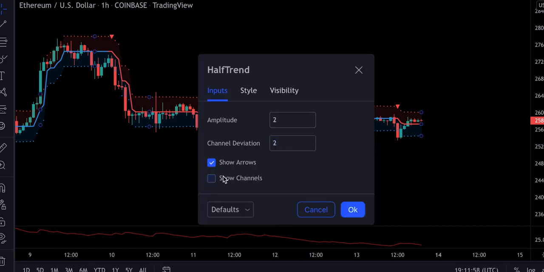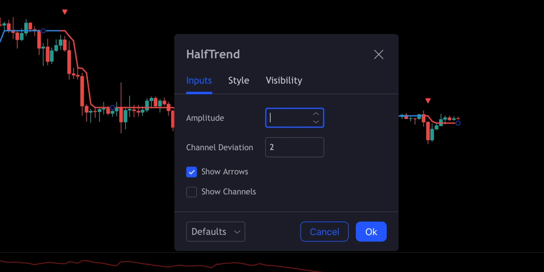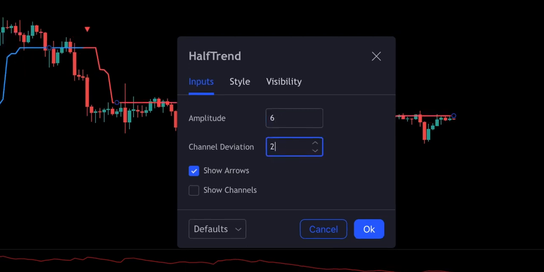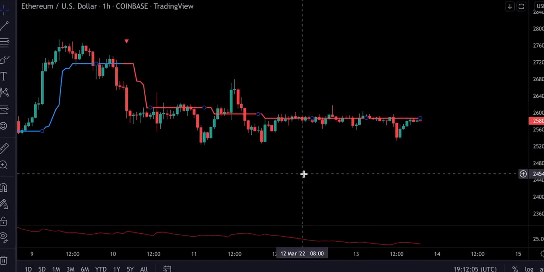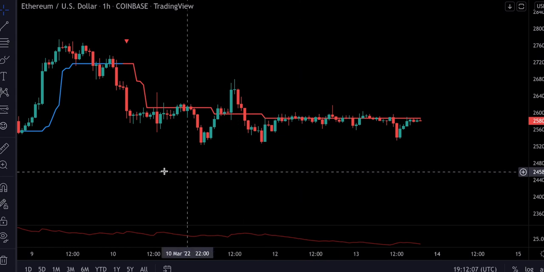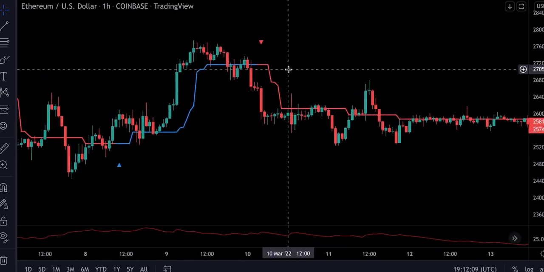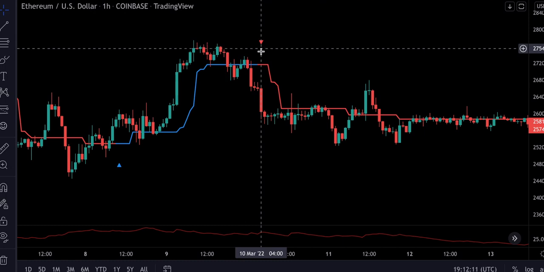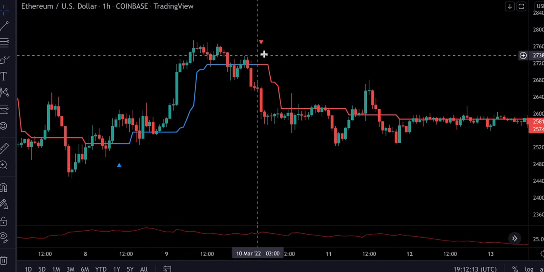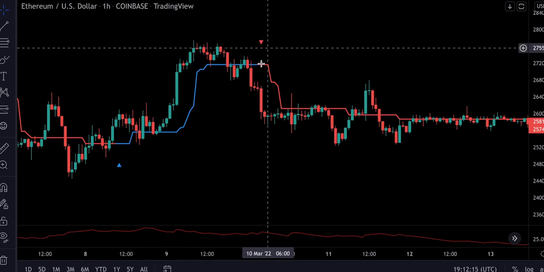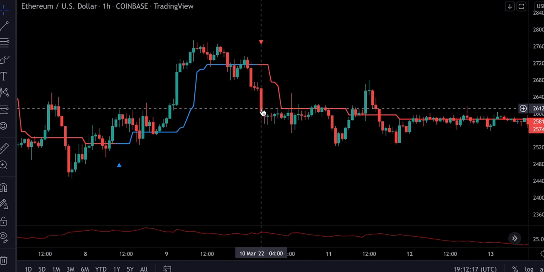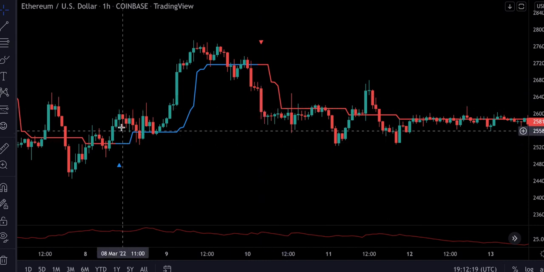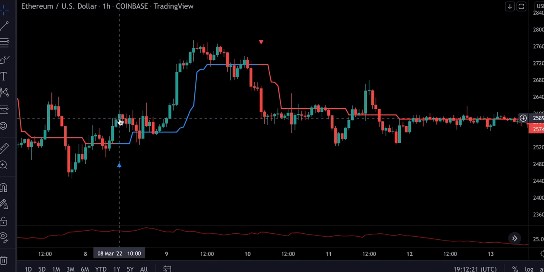We're going to untick that and change the values to 6 and 3. The way this indicator works is very simple. Whenever we see this arrow, this is a signal to enter a long or a short position. If the arrow is red, this is a signal to enter a short trade, and if the arrow is blue, then this is a signal to enter a long trade.